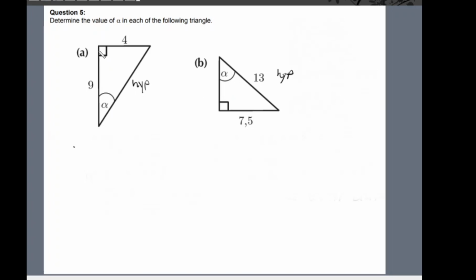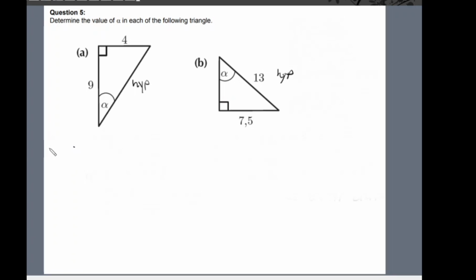We have to look at the information. So the side that is opposite to angle alpha is 4 units, and the side that is adjacent to angle alpha is 9 units. Because the hypotenuse is not given, I cannot use sine and cosine to solve for alpha.